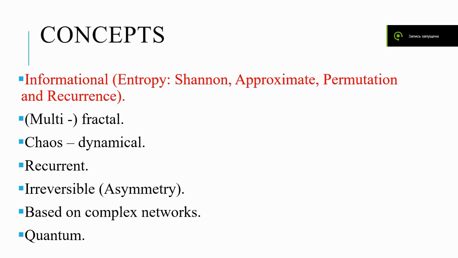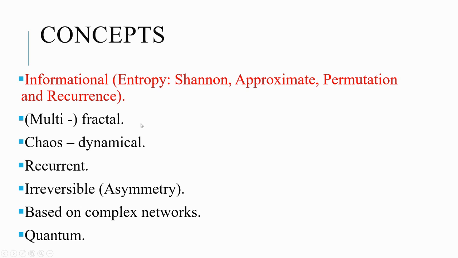The idea is that our world is really complex, and during the last decades different qualitative and quantitative approaches were developed in order to describe it. As you can see, such approaches are informational, multifractal, chaos dynamical, for example Lyapunov exponents. Also we can consider recurrent measures, irreversible, based on complex networks that are very popular nowadays, and quantum.